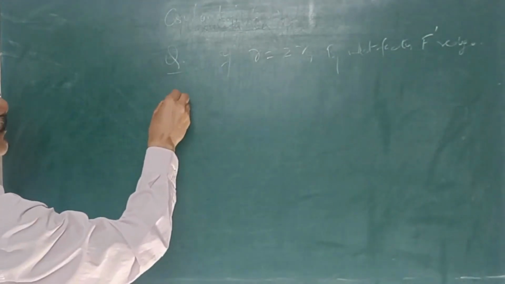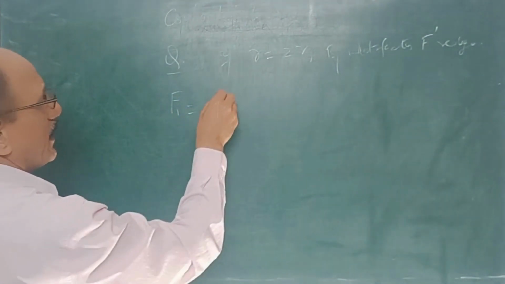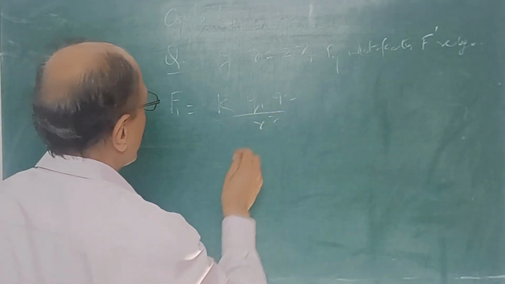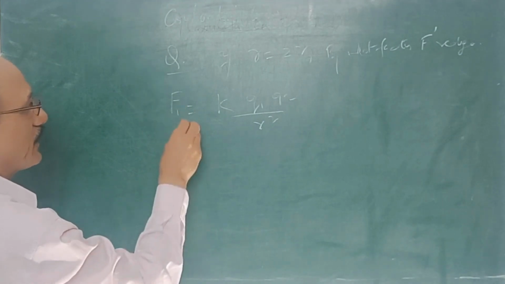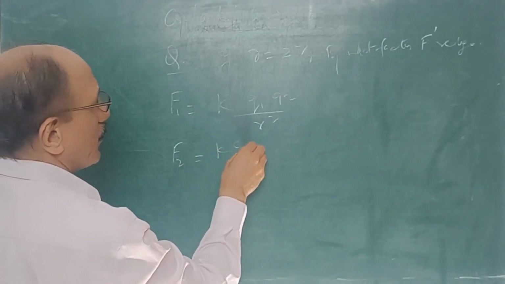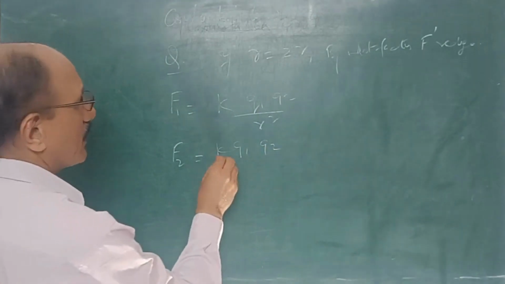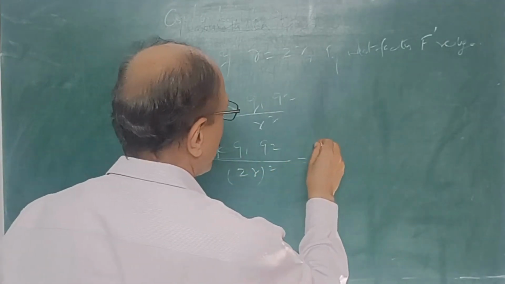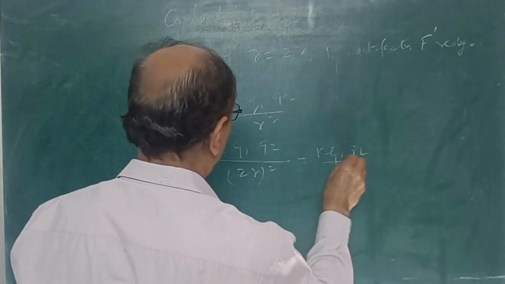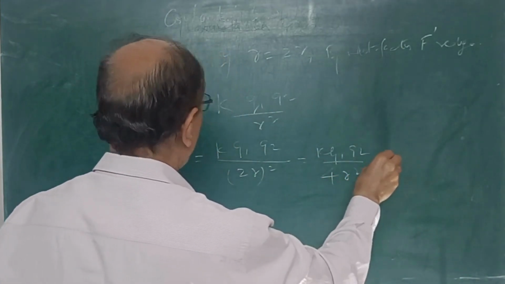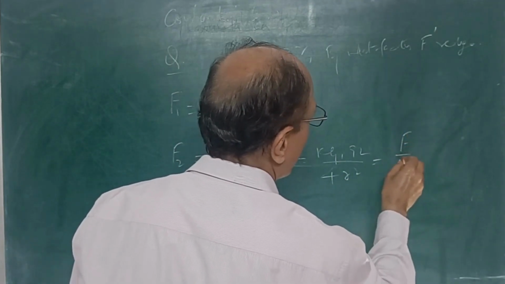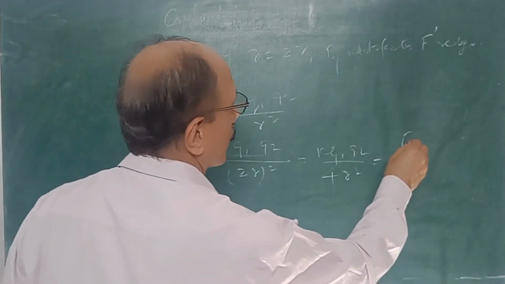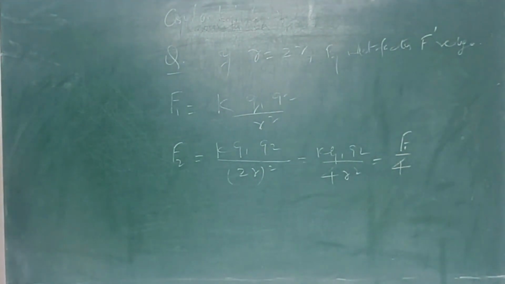So first we say F1 equals K Q1 Q2 upon R square. Then F2, or F dash, will be K Q1 Q2, the charges are the same but the distance has become 2R, so squared, K Q1 Q2 upon 4R square. That is nothing but F1 by 4. So the force will become 1/4 of the first situation.